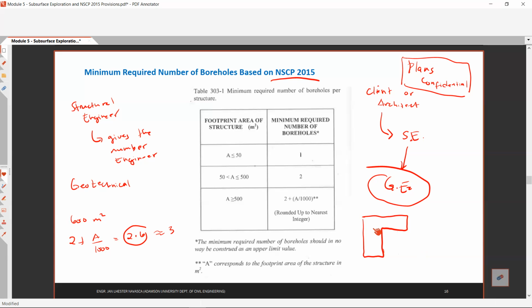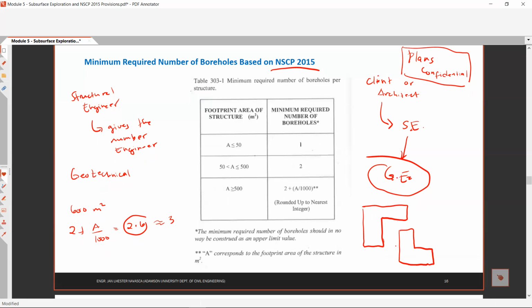So for example, this is your main building footprint, and let's say you have different buildings, so you also have this one. That is the building footprint.